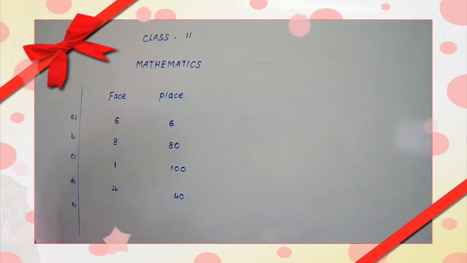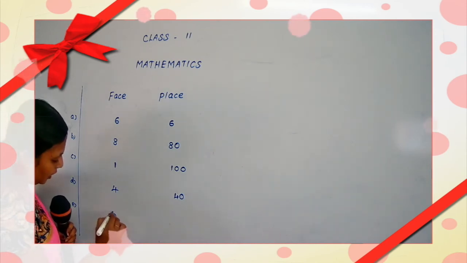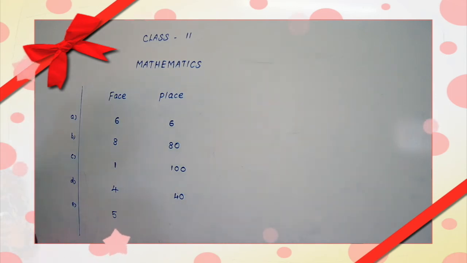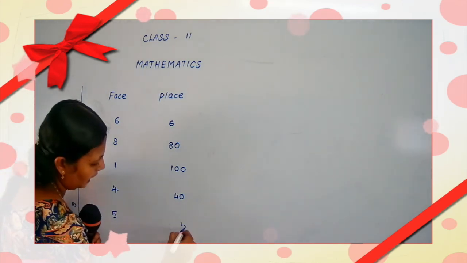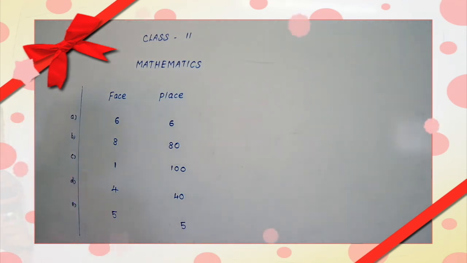Next, see the E question. 415. The underlined digit is 5. 5 is in which place? Ones place. So you take and write the same number. If the underlined number is in the ones place, you write the same number.